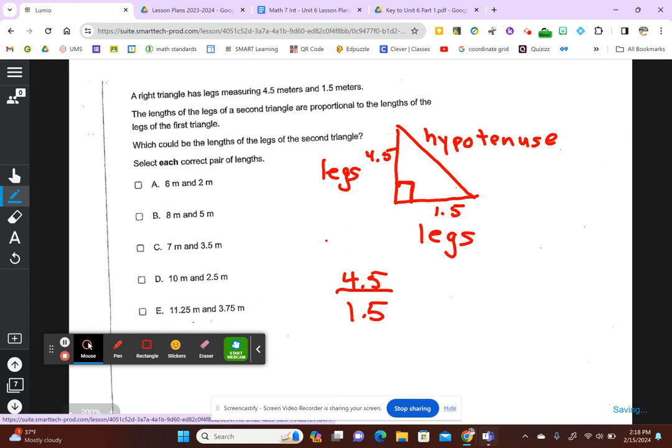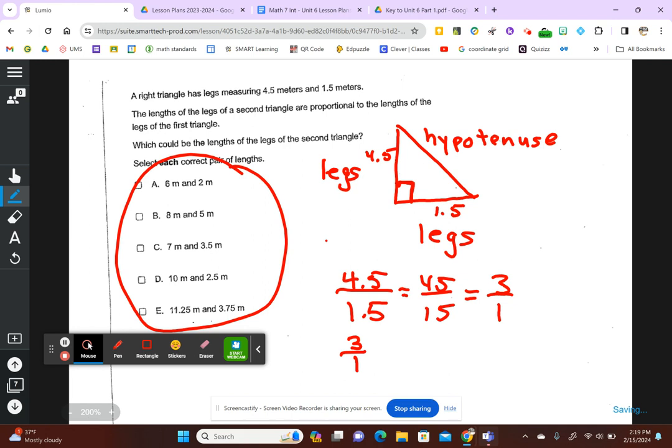Now I'm going to try to simplify this. I'm going to multiply the top by 10 and the bottom by 10. And then I'm going to simplify to 3 over 1. So this is in a proportion of 3 to 1. So I want to see which of these are in a proportion of 3 to 1.